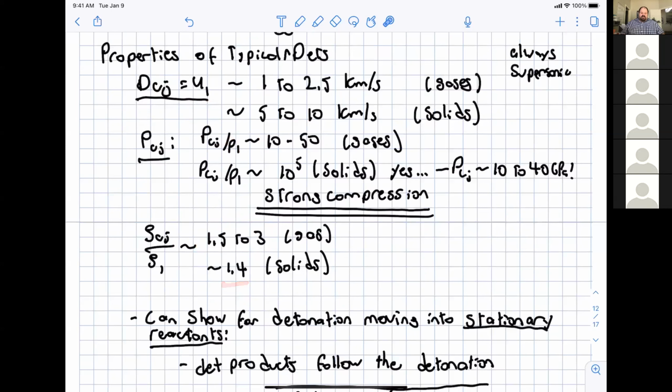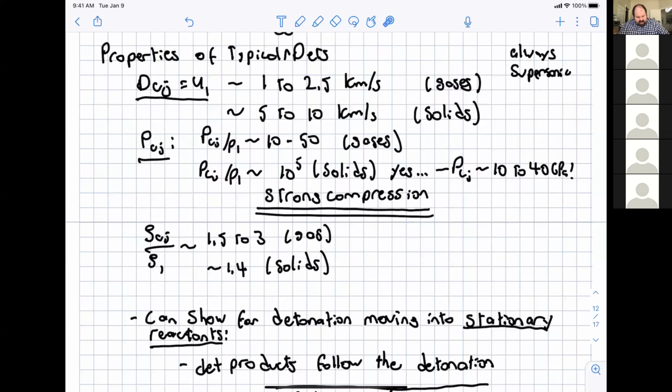And for solids, it is only 1.4 times higher, and that's a well-used rule of thumb: if you know nothing else about your explosive, the CJ density will be about 40% higher than that of the reactants.